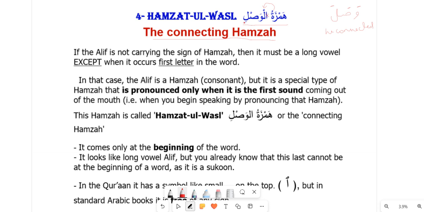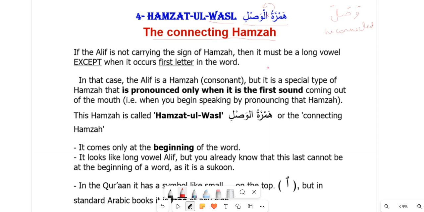Hamzatul wasl. I'm not pronouncing it as hamzatu al wasl. If you are pronouncing it, that means it is a different hamza. There are two types of hamza: hamzatul wasl, and the other hamza we will do after this, that is hamzatul qata.